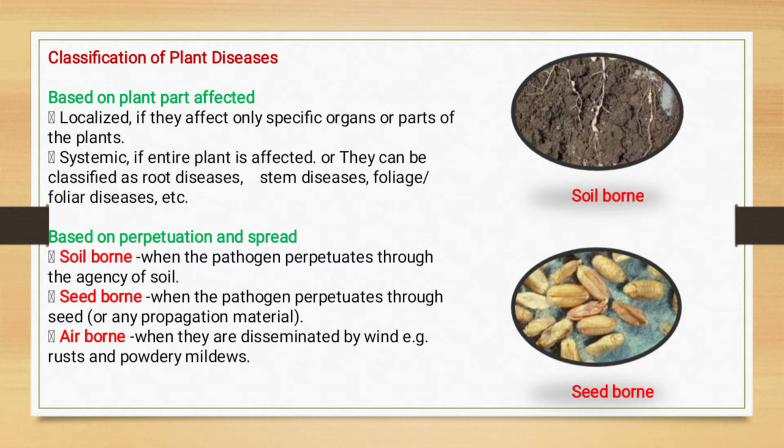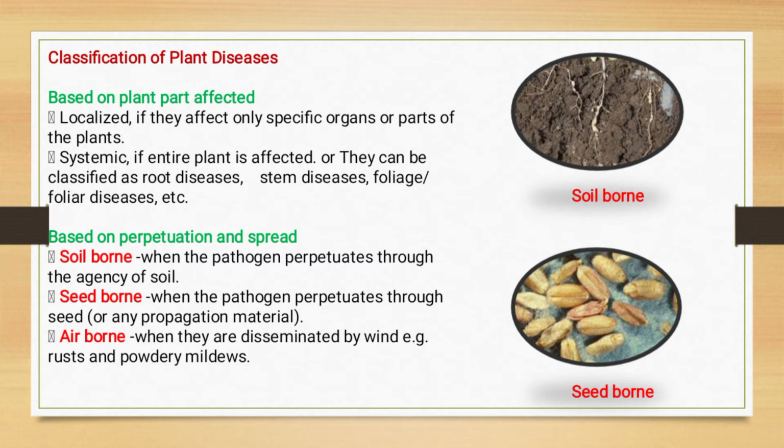And diseases based on the perpetuation and spread. First of all, we must know what is meant by perpetuation. Perpetuation means nothing but the survival and spread of the pathogen. In this, the first one is soil borne, when the pathogen perpetuates through the agency of soil.